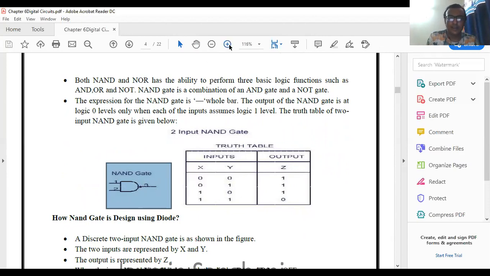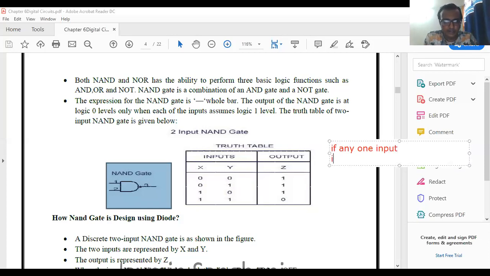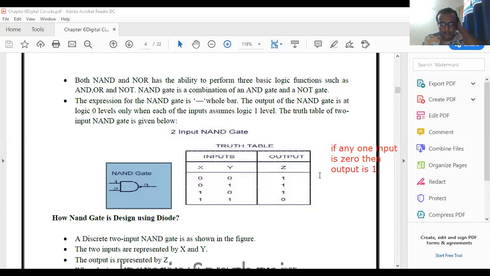I will explain in one statement: if any one input is 0, then output is 1. It is known as NAND gate. So it is the fundamental concept of NAND gate.